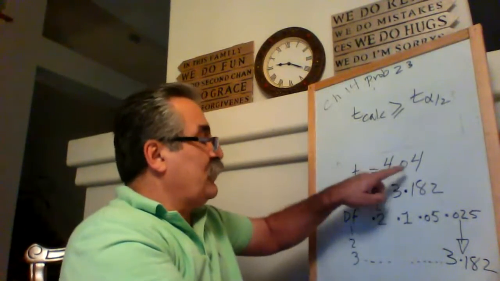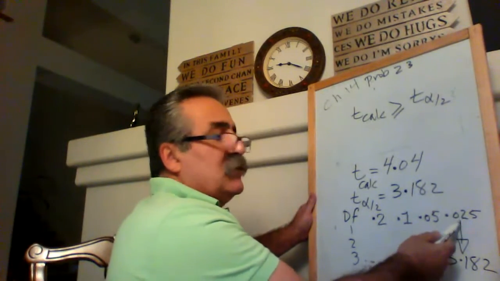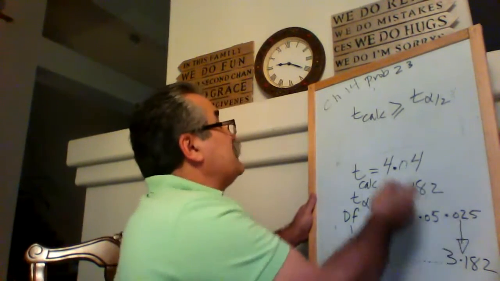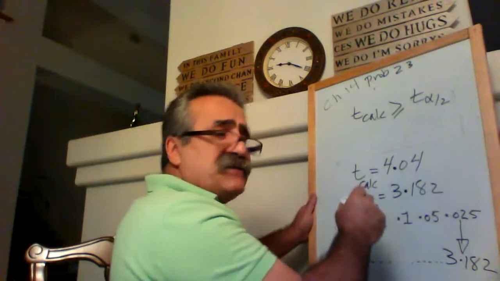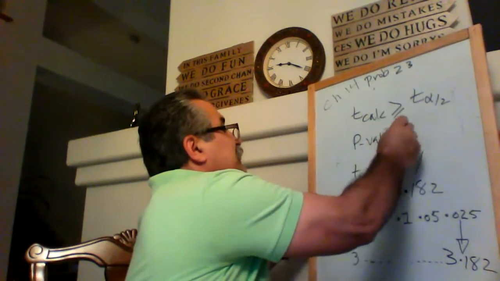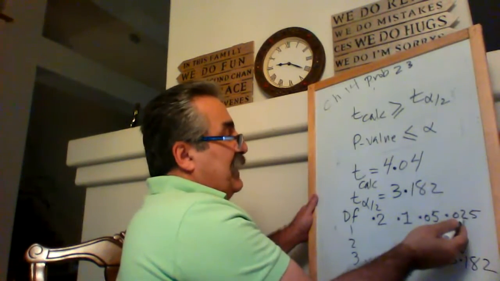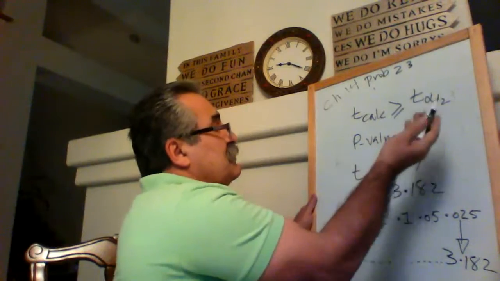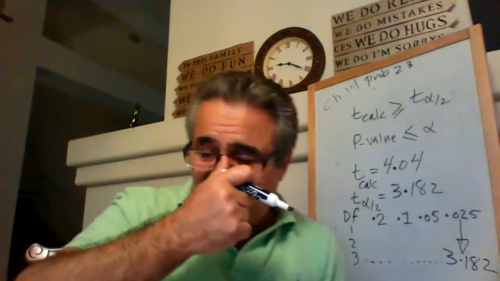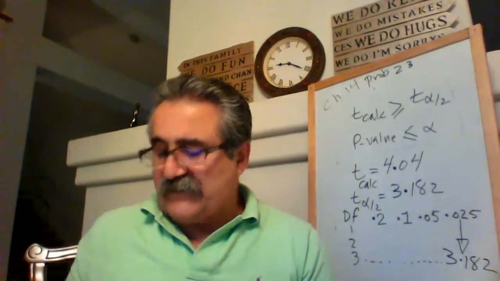Our value is 4.04. So even if it was equal to 0.025, we still have to reject, because we say we reject H0 if p-value is less than or equal to alpha. So it's less than 0.025. Therefore, we have to reject the H0. That means there is a slope and there is a relationship.